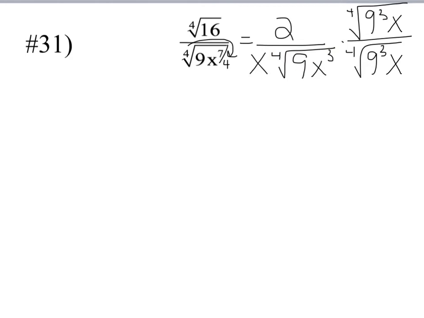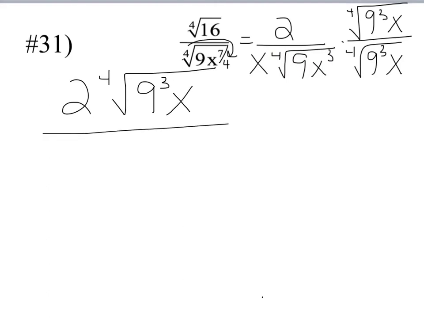Okay? So if I multiply the numerators, I get 2 times the fourth root of 9 cubed x over x, because don't forget about this x right here, fourth root of 9 to the fourth, x to the fourth.